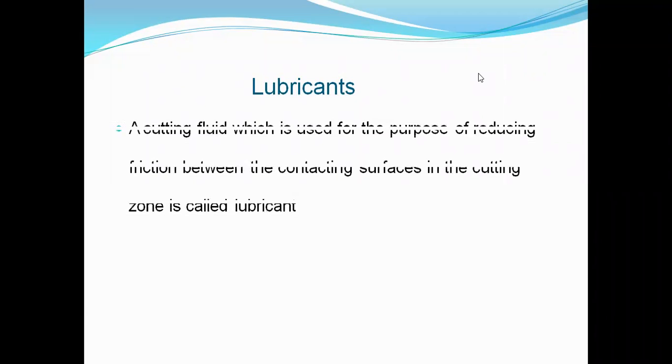And coming to the next topic, that is lubricants. A cutting fluid which is used for the purpose of reducing friction between the contacting surfaces in the cutting zone is called a lubricant. Here, the coolants reduce the heat effect, whereas the lubricants reduce the friction between the contacting surfaces.